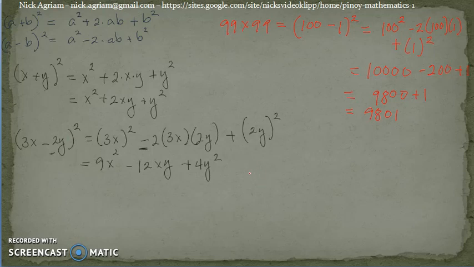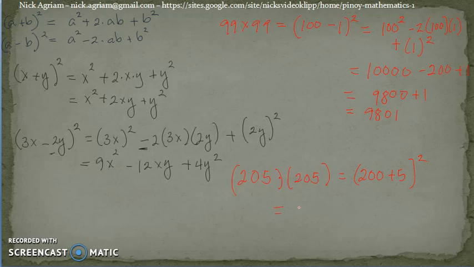Or you were asked to multiply 205 by 205. Then you can use 200 plus 5 squared.